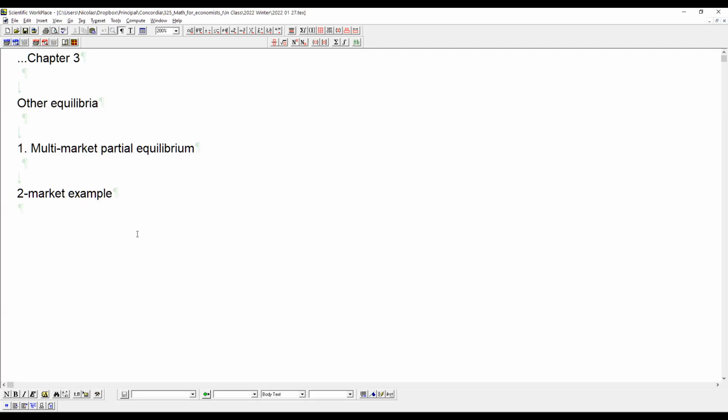Why do we call it a multi-market partial equilibrium model? If we have a single market, of course, it's partial equilibrium. So why do we still say that if we add just another market, it's still partial equilibrium? Why can it not be a general equilibrium?